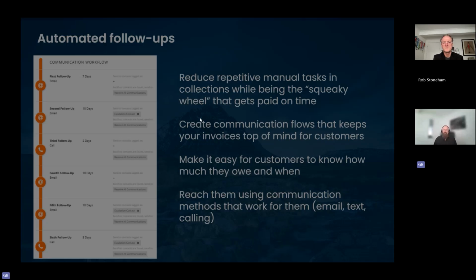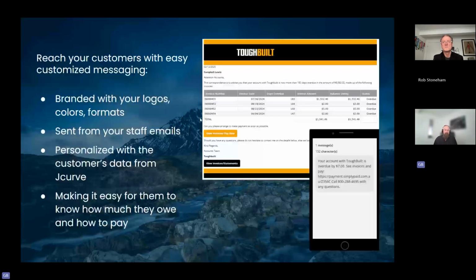All the communications look like they're yours. They come from an email account at jcurve.com.au, so that they come from a company. They don't come from a third party, which can get trapped in spam folders. And every email that we send out says, "Hey, these are the invoices you owe. These ones are overdue. These ones are coming due."